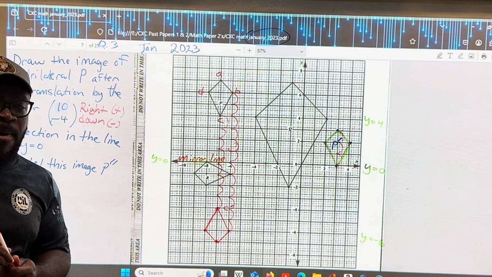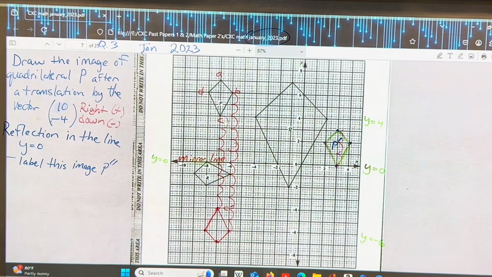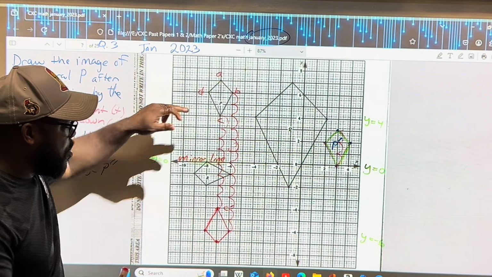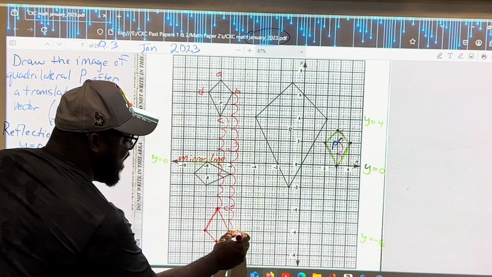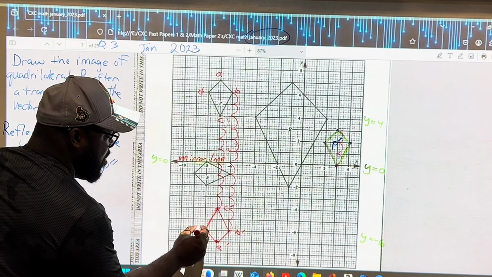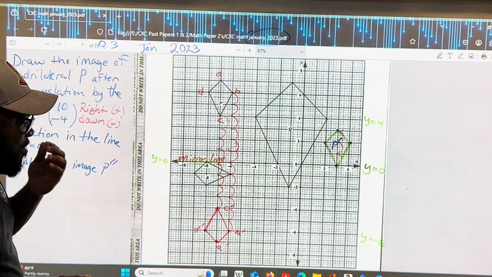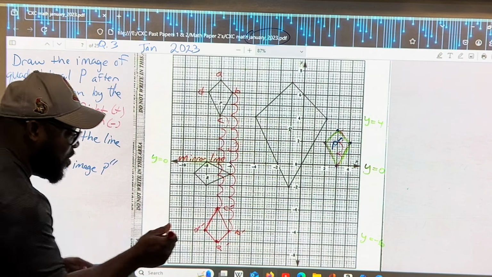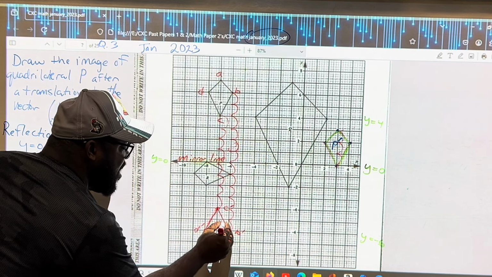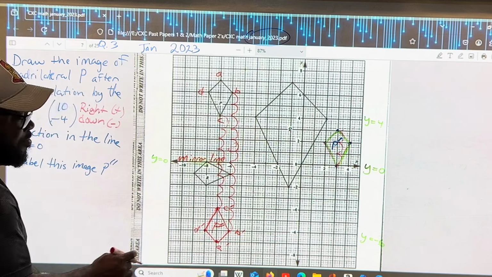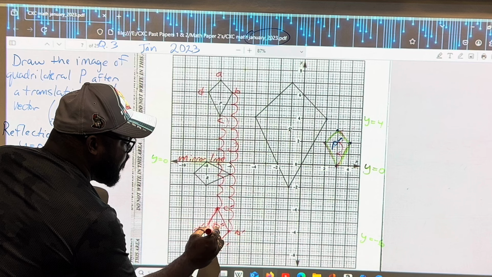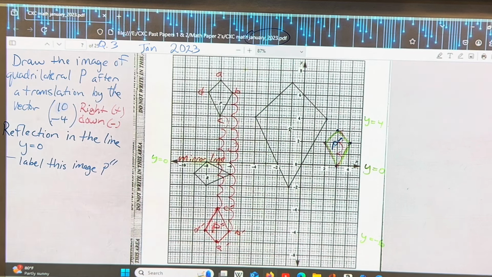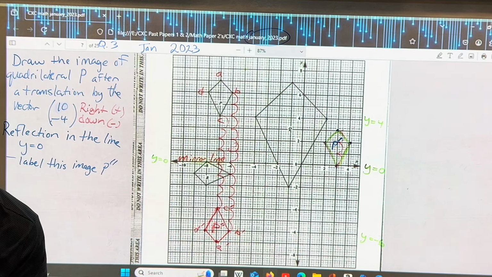So what do we learn about reflection? The same distance. You can take out this C now, because that was just helping us. Those were just helping us to keep what? In line, okay? Yes. Good. But when you're done, you can take them off. You can leave them if you want to. This now becomes P double prime.